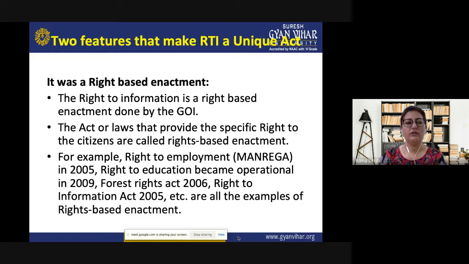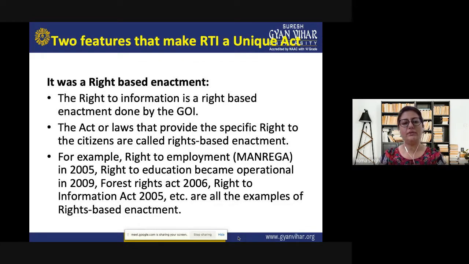There are two features that make RTI a unique act. The first feature is that it is a right-based enactment, done by the Government of India. The acts or laws that provide specific rights to citizens are called rights-based enactments.